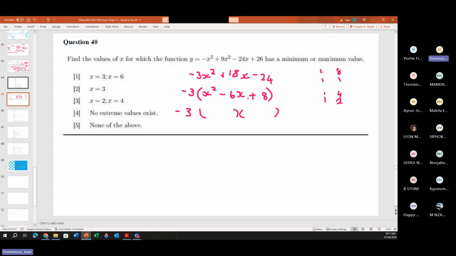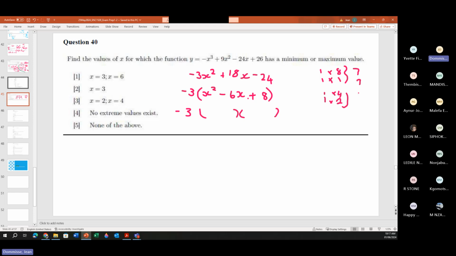If I look at those options, 1 times 4 is 4, 1 times 2 is 2.